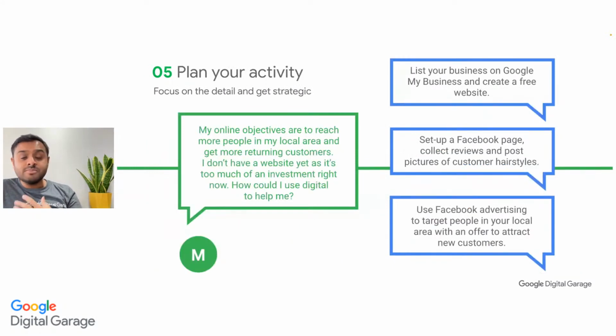Now, step 5, for me personally, is probably the most important step, which says, as you can see, plan your activity. I'd probably like to rephrase this sometimes to be action steps.